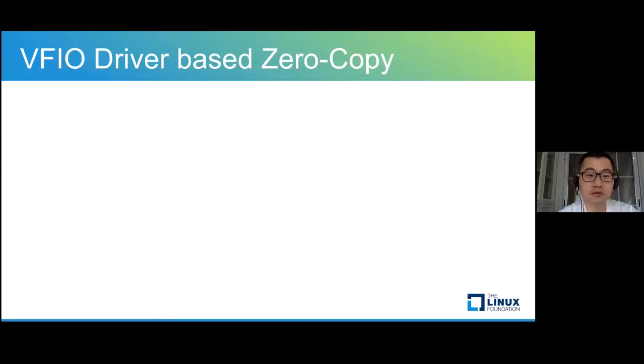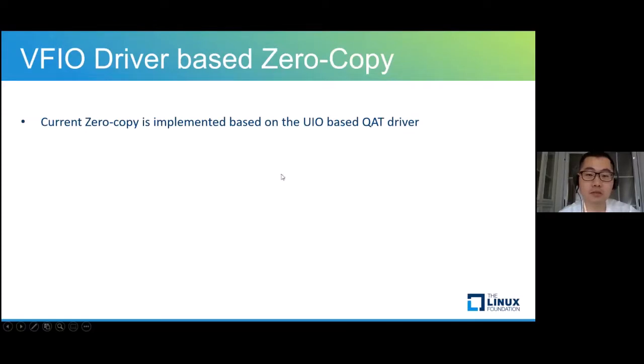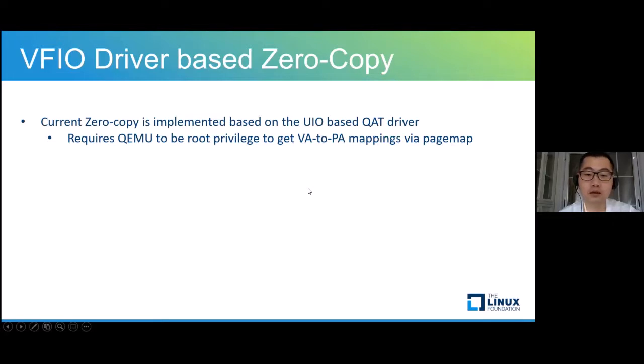Okay, let's have a look at some future work that we plan to do. The first one is VFIO driver-based zero copy. The current zero copy is implemented based on the UIO-based QAT driver. This requires QEMU to be root privileged to get the virtual address to physical address mapping via the pagemap. This may be difficult for some cloud vendors because their QEMU doesn't have root privilege.